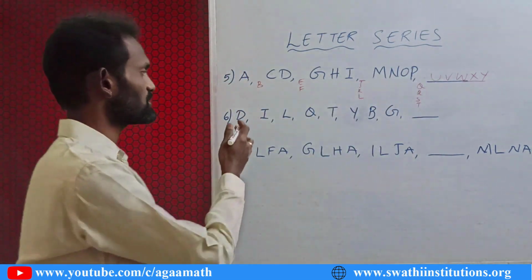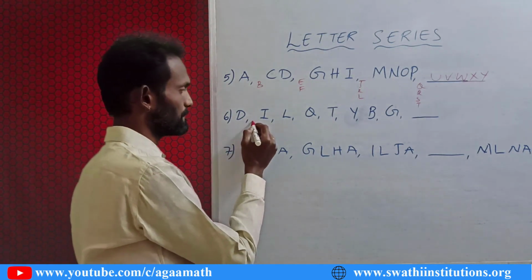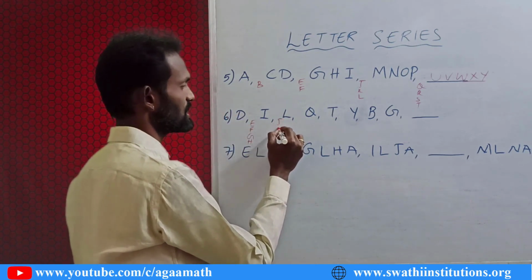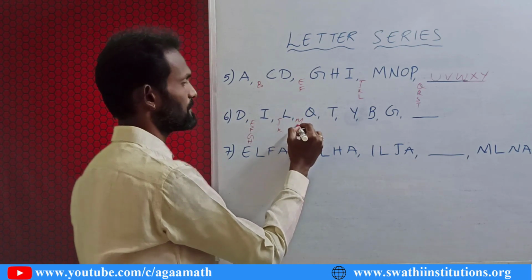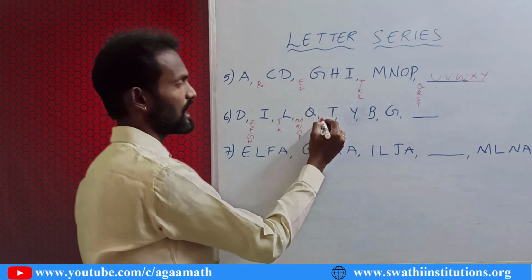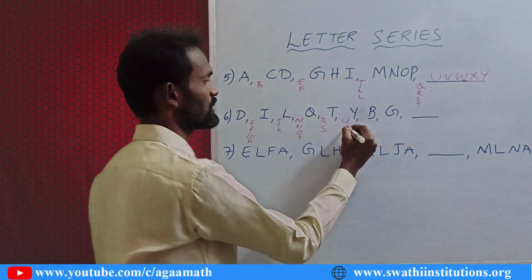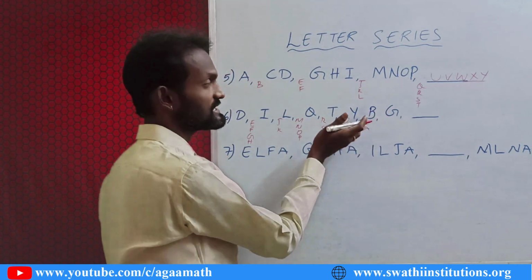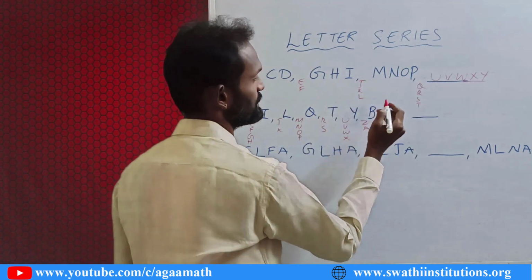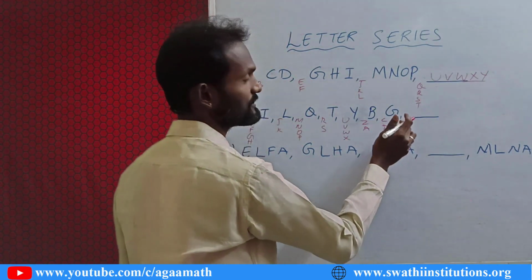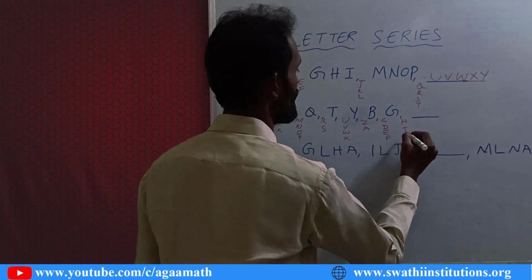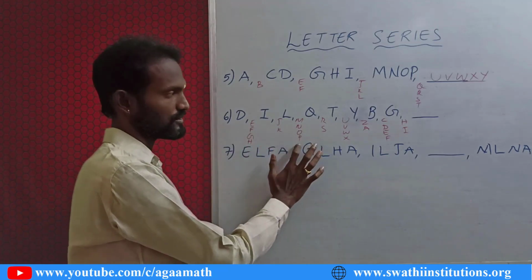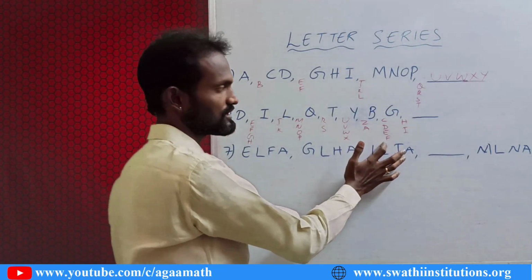This is one. And coming to the next, if you observe here, D, E, F, G, H, I, J, K, L, M, N, O, P, Q, R, S, T, U, V, W, X, Y, Z, A, B. After Z it again continues like A, B, C, D, E, F, G, H, I. Why I made only two letters is that if you observe, 4 letters, 2 letters, 4 letters, 2 letters, 4 letters, 2 letters, 4 letters, 2 letters.